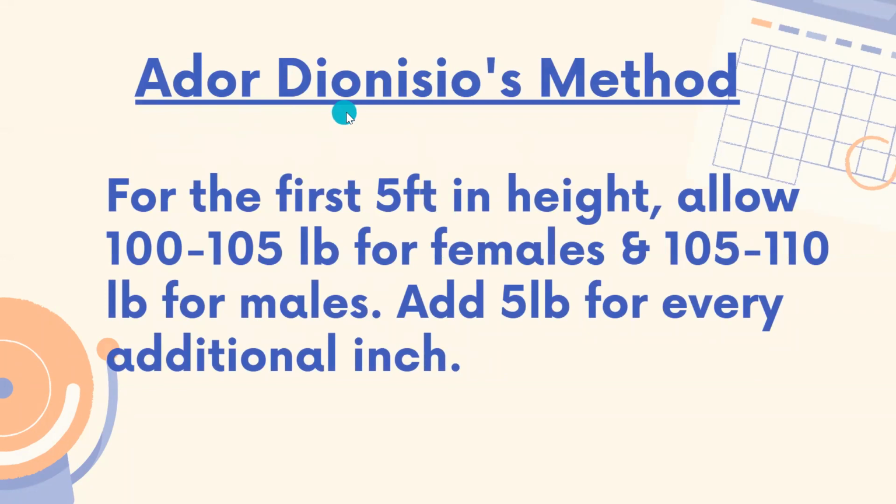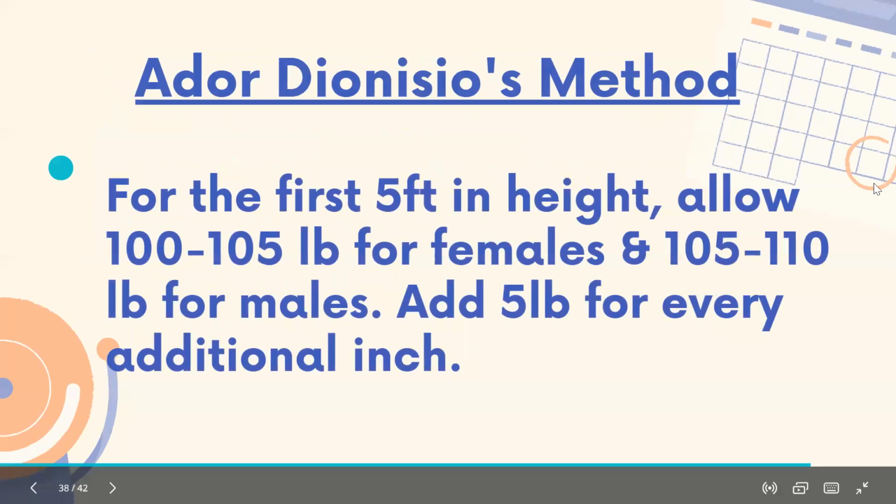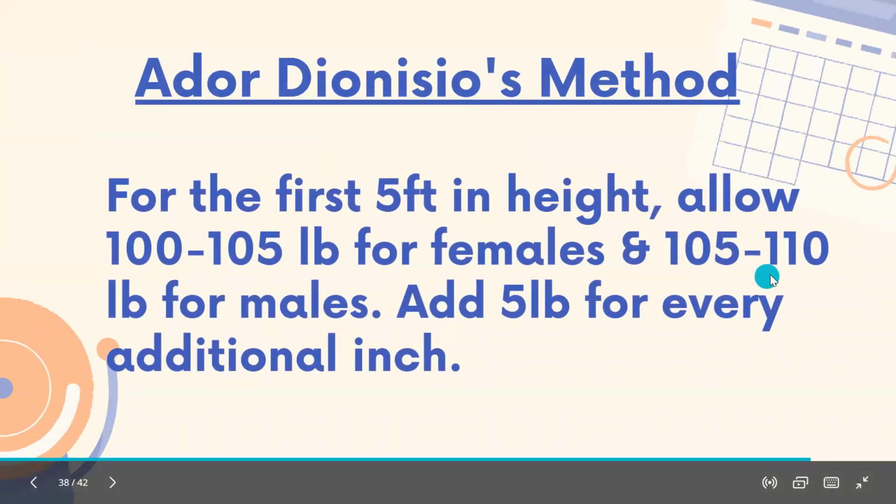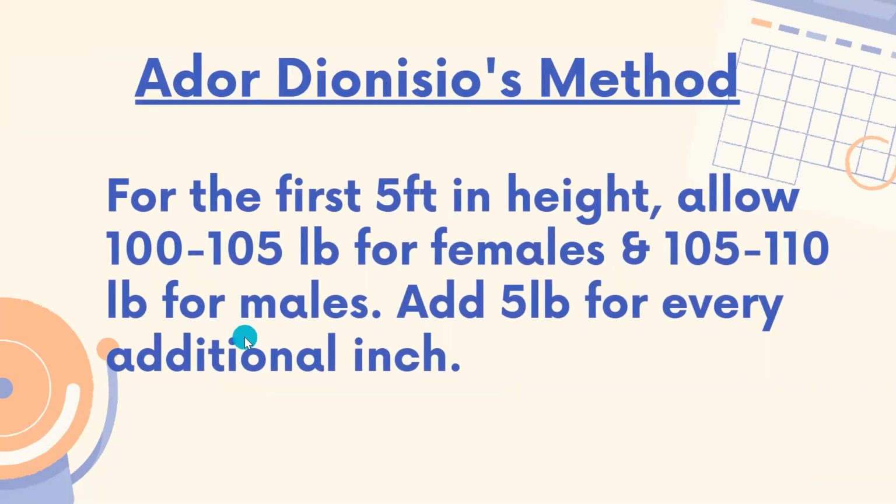Next method is the Hamwi method. So for the first 5 feet in height, allow 100 to 105 pounds for females and 105 to 110 pounds for males. Add 5 pounds for every additional inch.